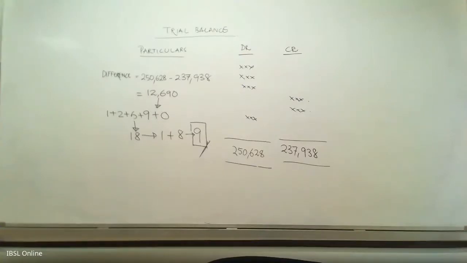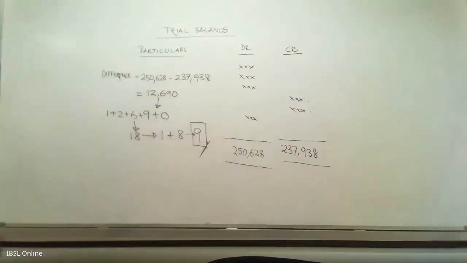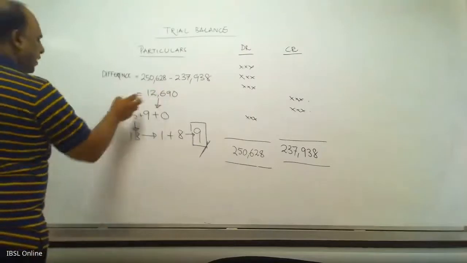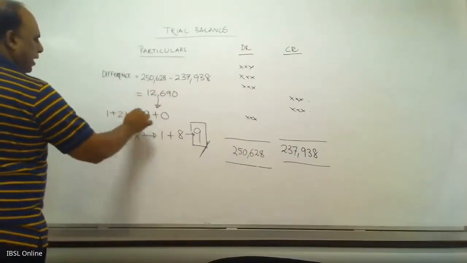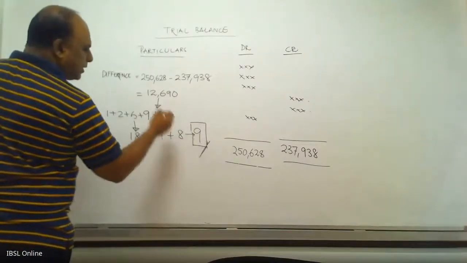Is that clear? Are we clear on that? You take the trial balance debit total and the credit total, and you look at the difference. When you get a difference of this kind, you expand it and add the digits, and ultimately you get a single digit.